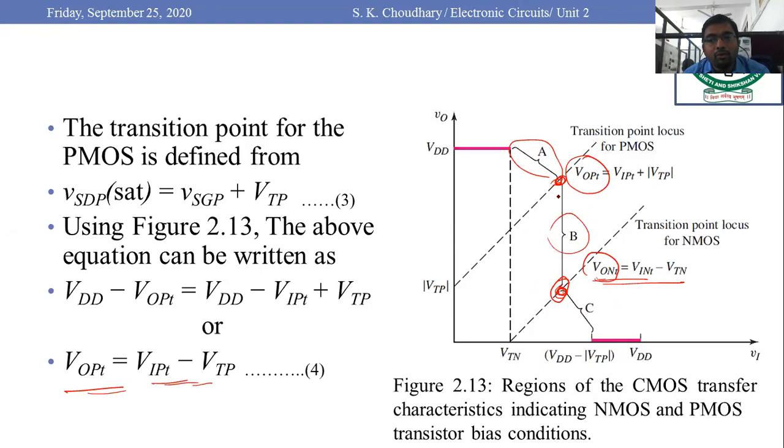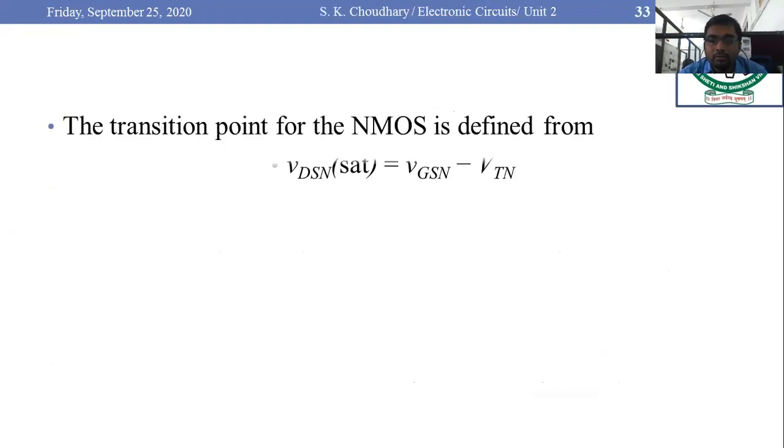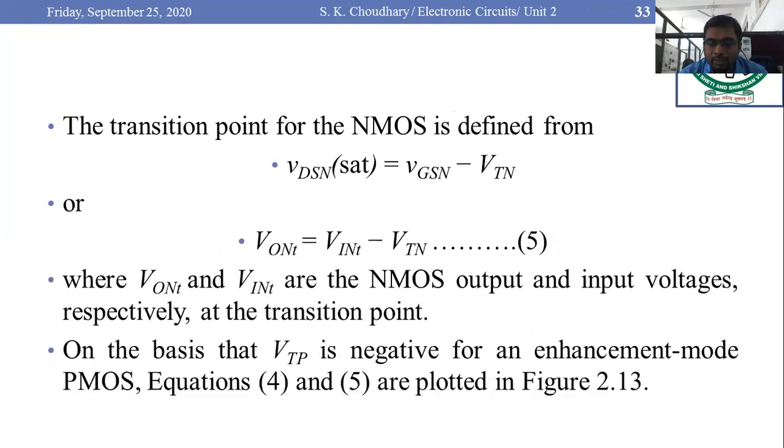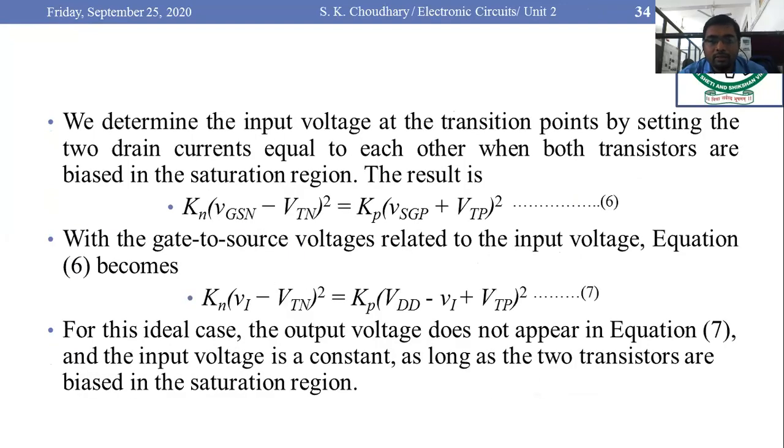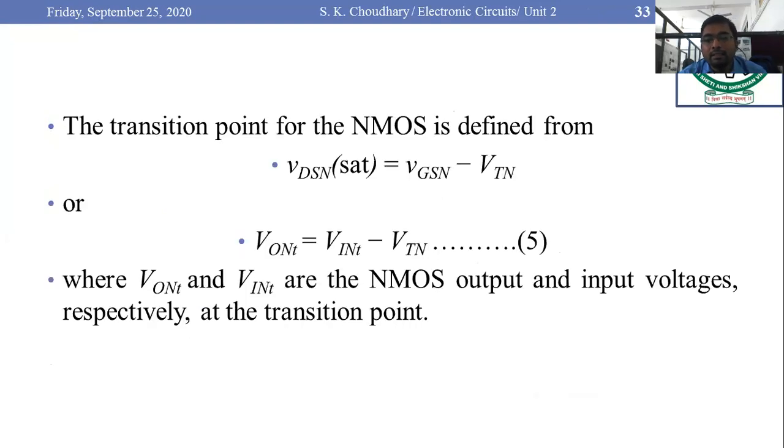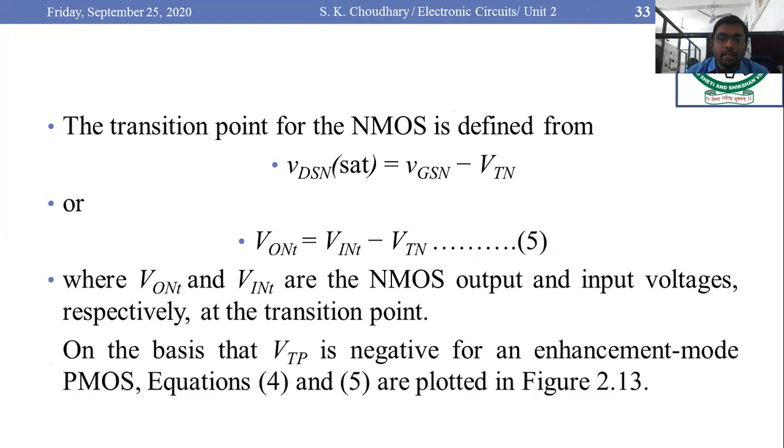For that we require the formula of the input voltage. We have already learned this, so we are not going into much detail. To find VOPT or VONT, one parameter is common: Vin, the input voltage.